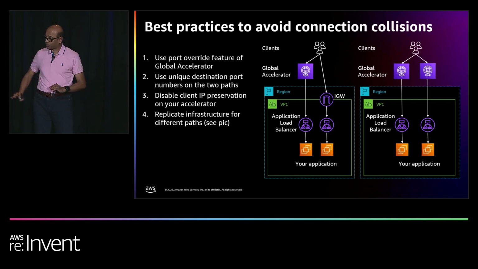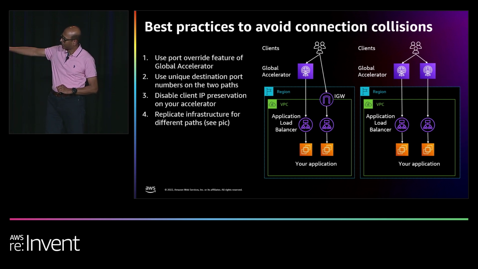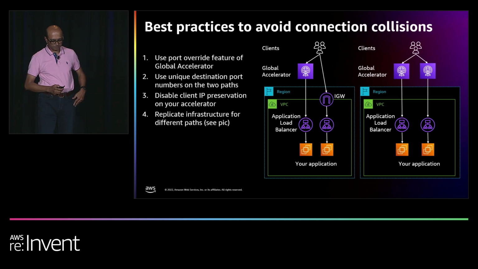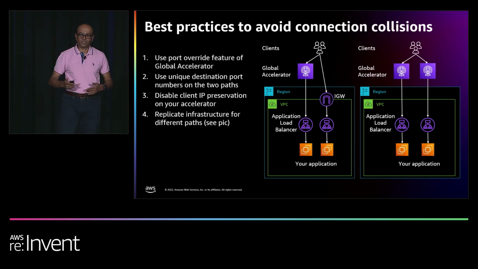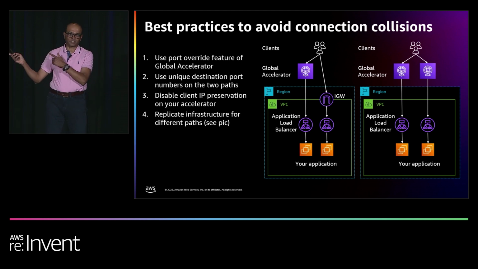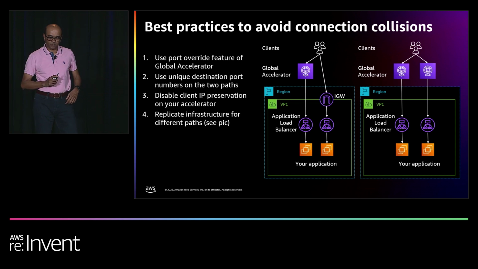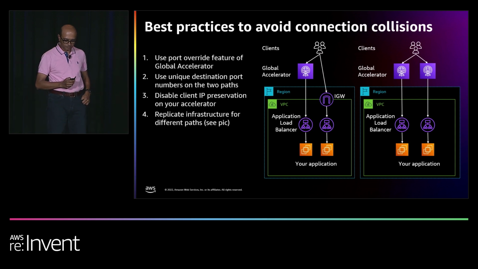So what you see here is two different application load balancers that have been set up, and the backend infrastructure is basically replicated here. Any one of these options will help you to overcome connection collisions. We are specifically calling this out because this sometimes trips up customers in the early part of the journey to Global Accelerator, and you just need to take a little bit of precaution to make sure that this does not happen.